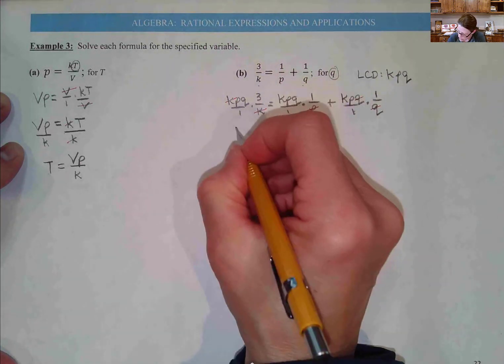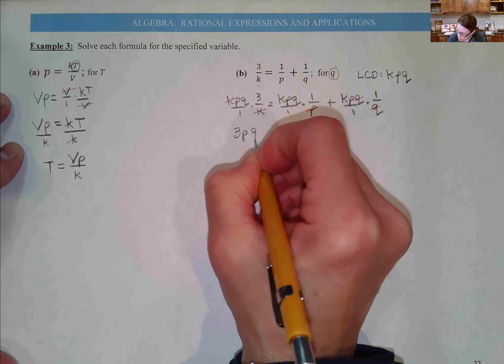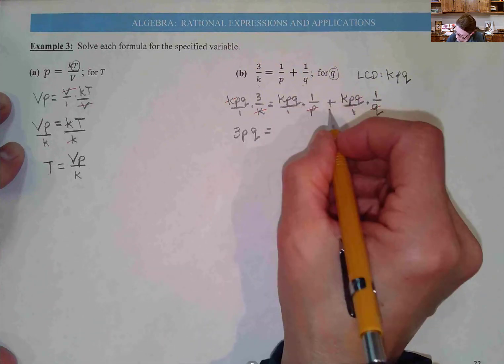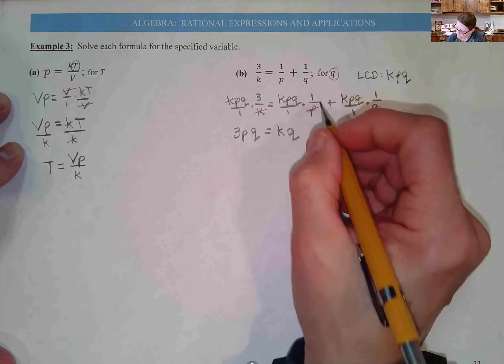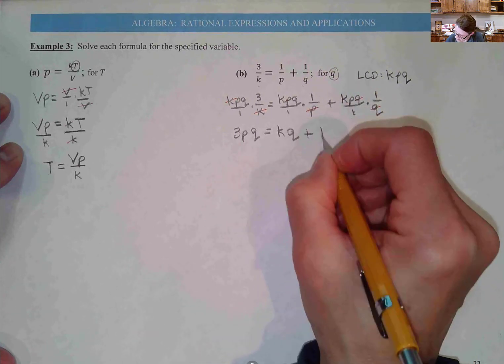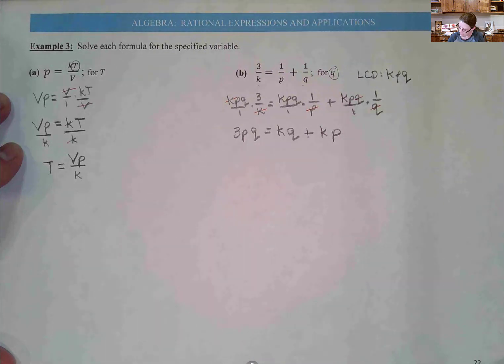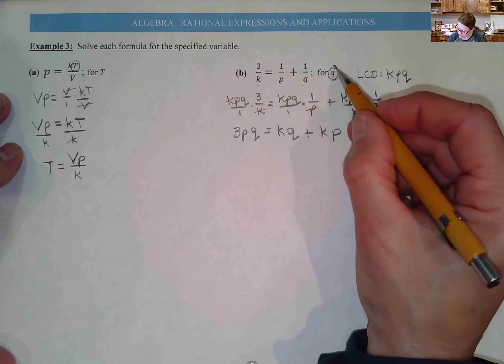This gives 3PQ equal, let's see, that's KQ plus KP. Keep in mind we're solving for Q.